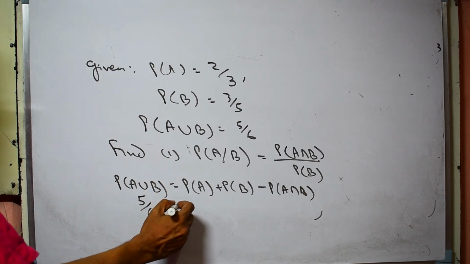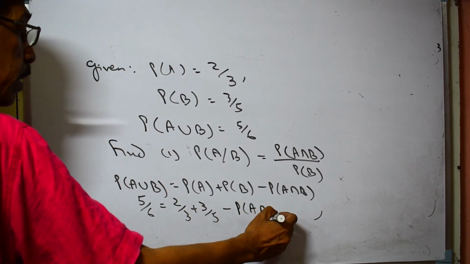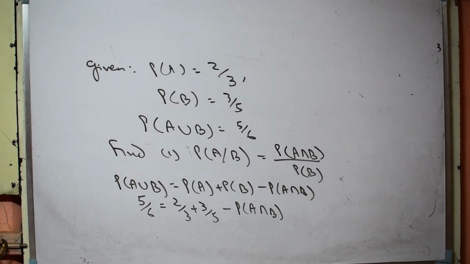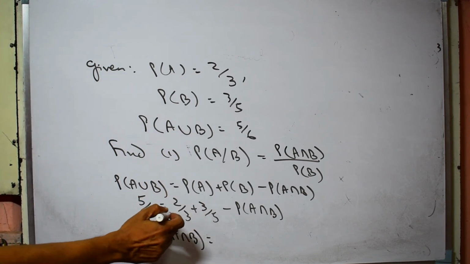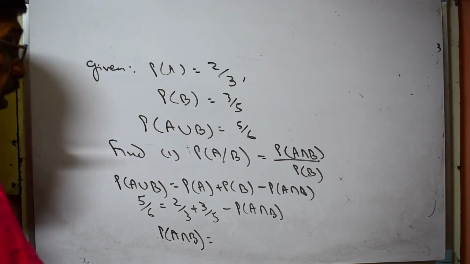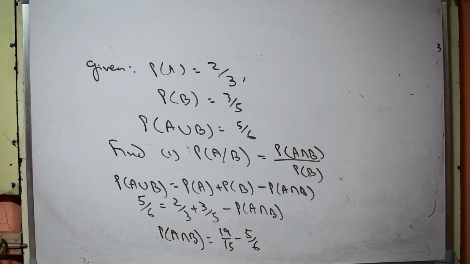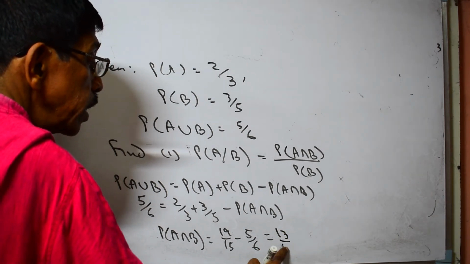This is 5 by 6, this is 2 by 3, this is 3 by 5, and this is P(A intersection B). So we solve this algebraically to get P(A intersection B). Solving, this is 10 plus 9, that is 19 by 15, minus 5 by 6. So ultimately, when we simplify, it becomes 13 by 30.